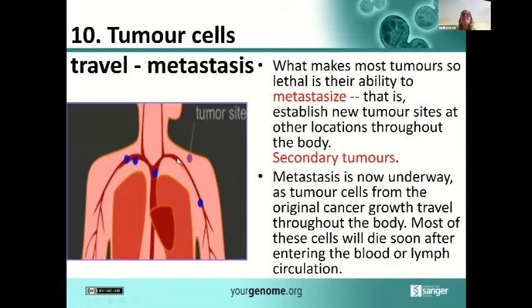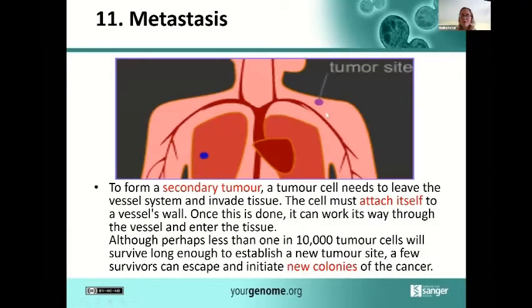And they then need to attach to the blood vessel and get out of the blood vessel and start growing in another part of the body. And that would then be a secondary tumour. And then the secondary tumour will start to grow, and then the same process can happen again.